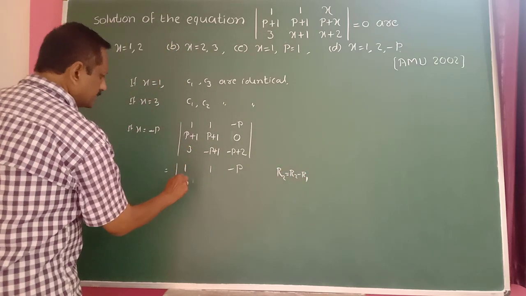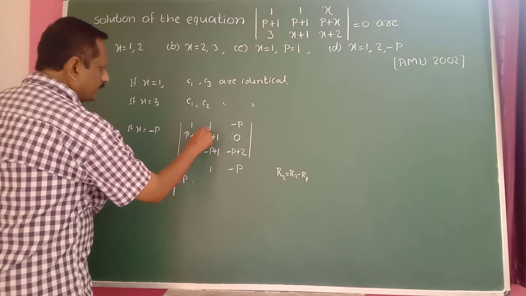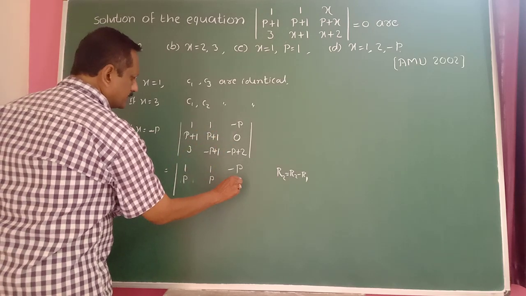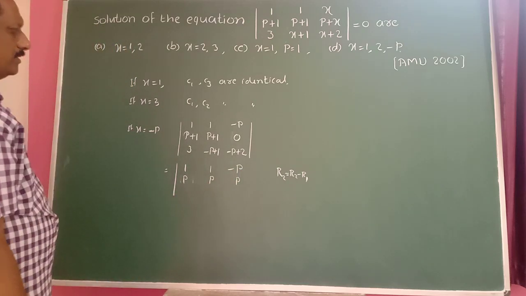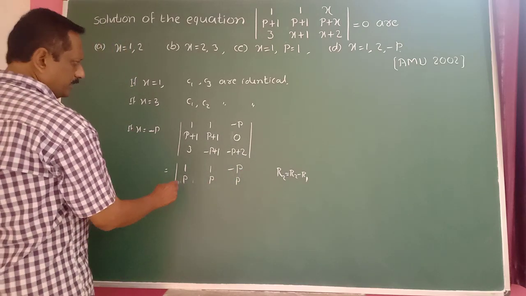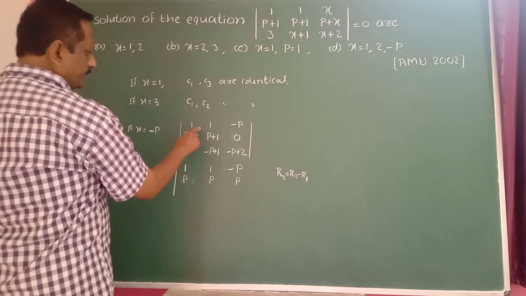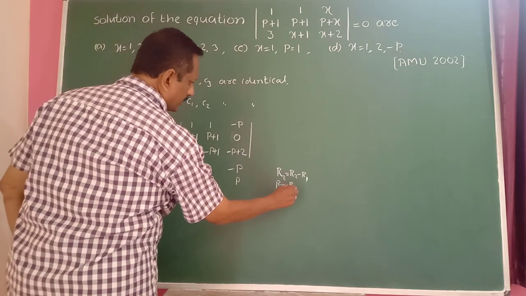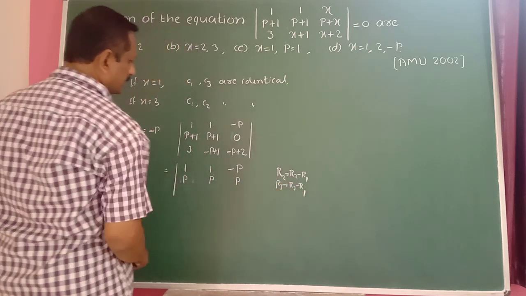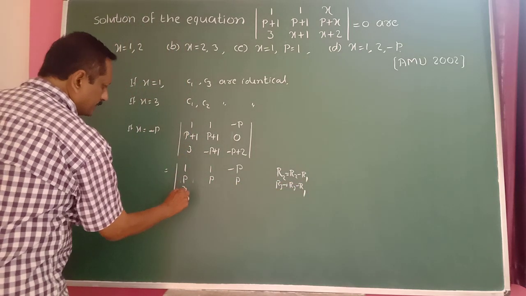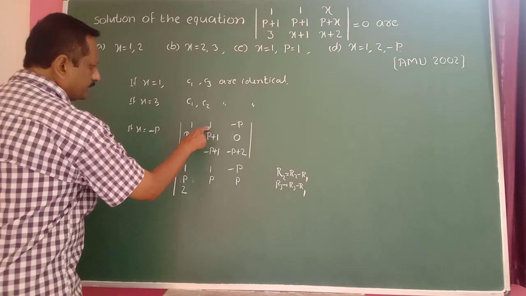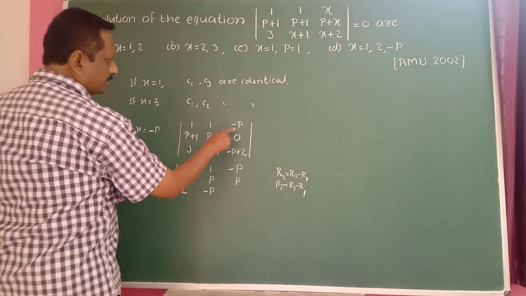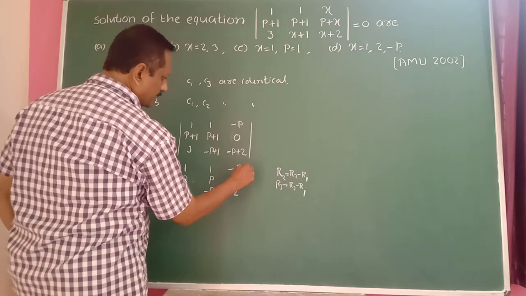Therefore, 1 and 1 cancels, remaining is a p. This minus of this gives plus a p here. Then the next term here, R3 minus R1 here. So 3 minus 1 becomes 2. This minus of this here, 1 and 1 cancels, so minus of p here. This minus of this p cancels, remaining is 2 here.